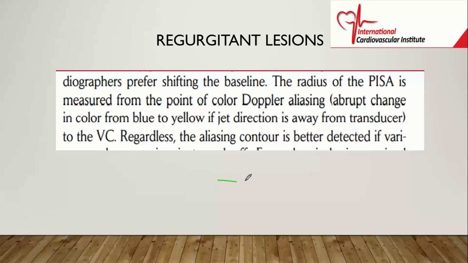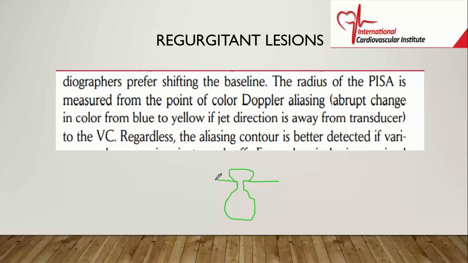Again, the valve through which you're having the regurgitation, and the regurgitant jet is down here. Then you have the vena contracta at or below the regurgitant orifice, and then you have your hemispheric flow convergence on top.